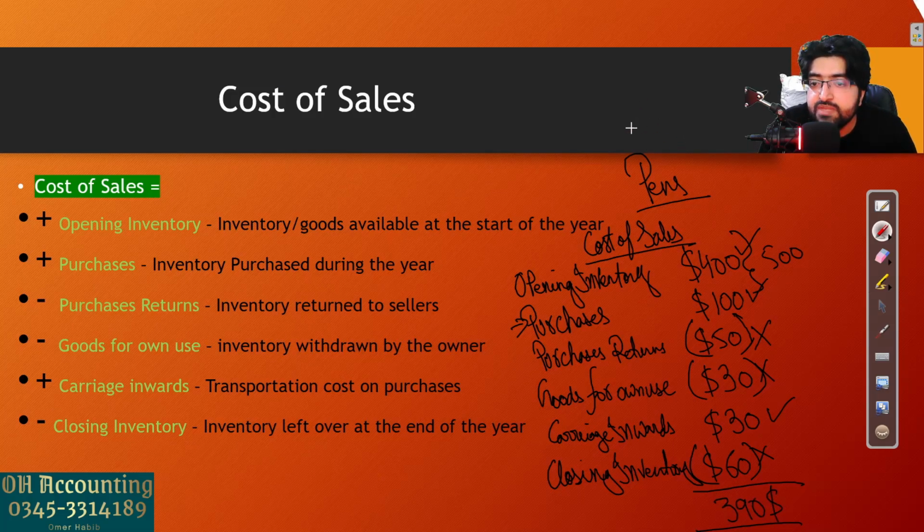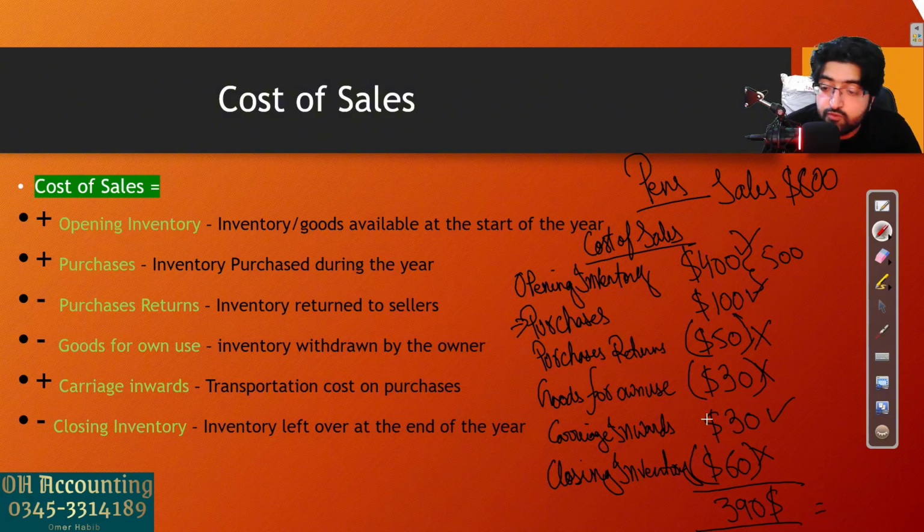And let's say the goods that I sold, sales were worth $800. So how will I find gross profit? Sales minus cost of sales will give me gross profit. So 800 minus 390 gives me $410 gross profit. Simple. This is how we calculate cost of sales.